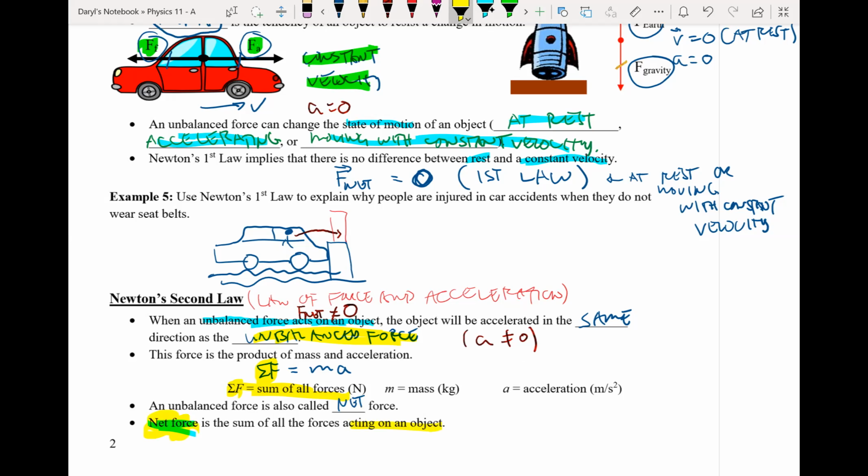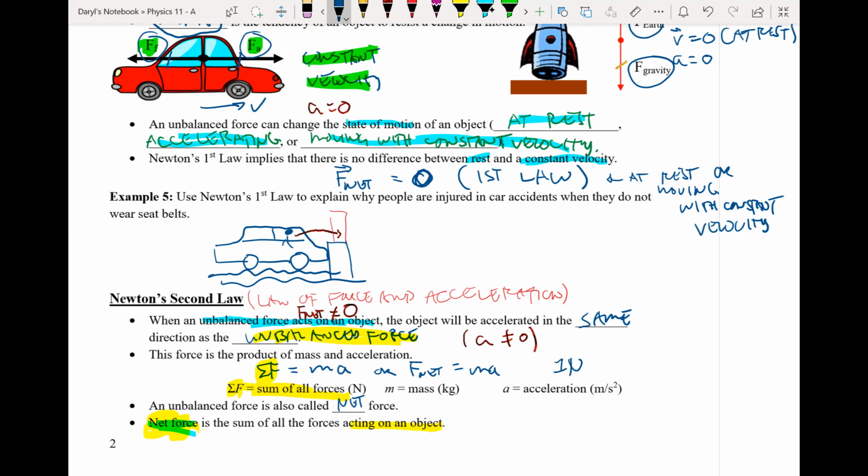Hopefully you familiarize yourself with that, because instead of just writing F equals ma, it's relatively important to use the summation of all the forces, or you can use F net equals ma. Either way works. With F net, if the sum of all the forces equals 0, we're back to the first law.